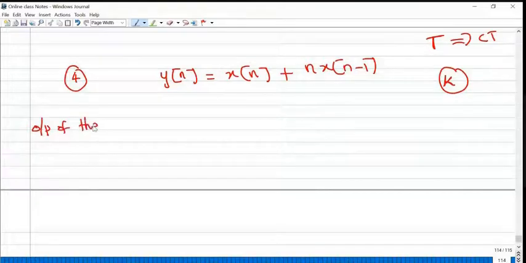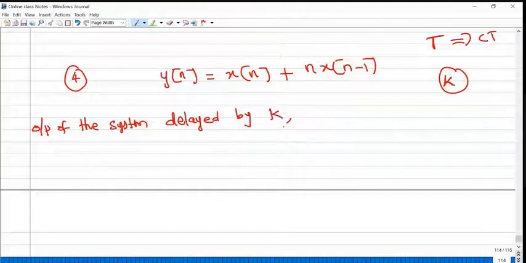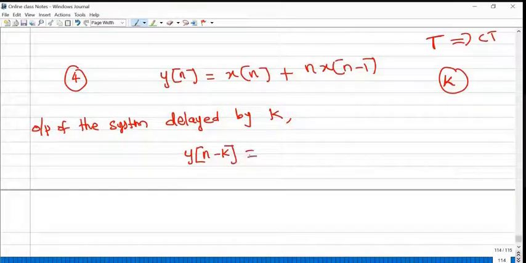Assume the output of the system is delayed by k units of time, that is n minus k. In this given expression, y of n replaced by y of n minus k, what does this mean?